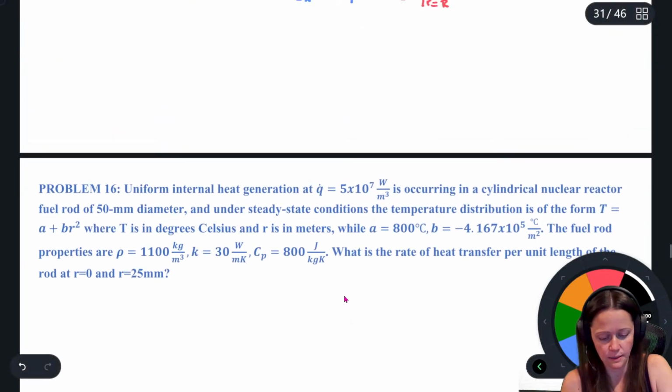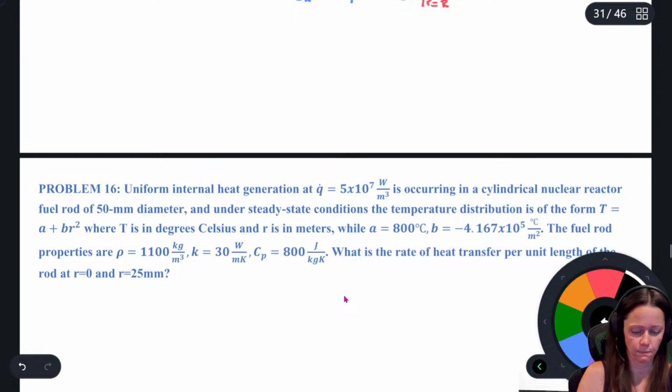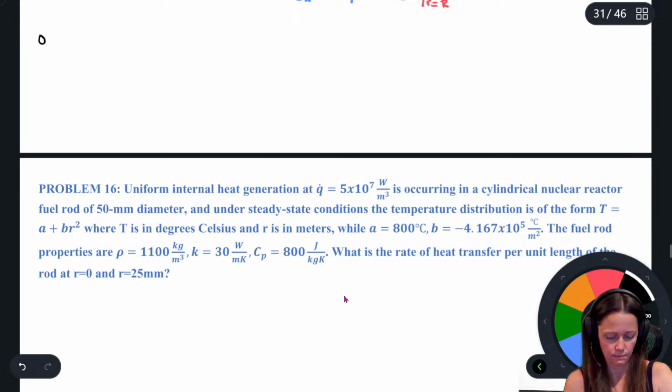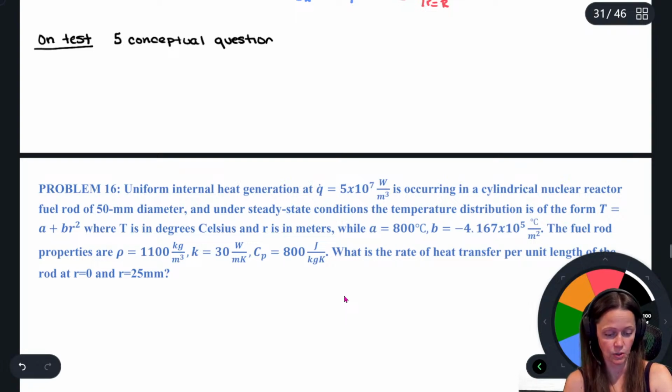Because, by the way, on your test, you're going to have 5 conceptual questions. I've mentioned this before, but I'll give you a little bit more detail.